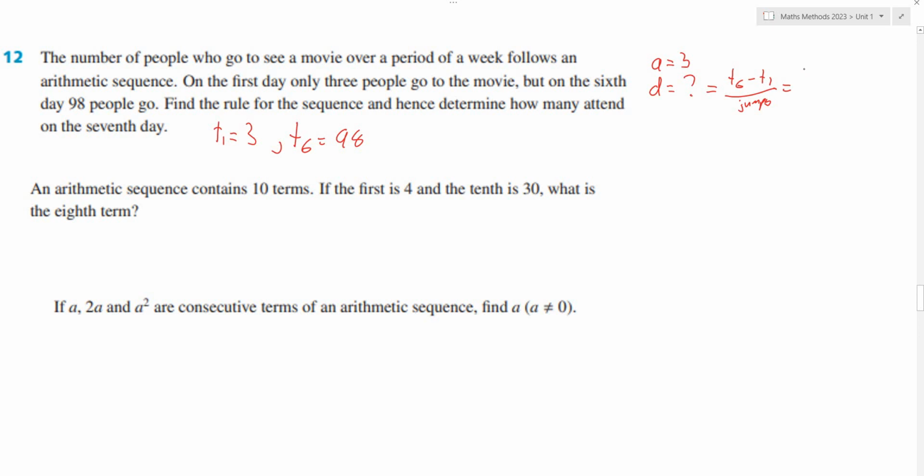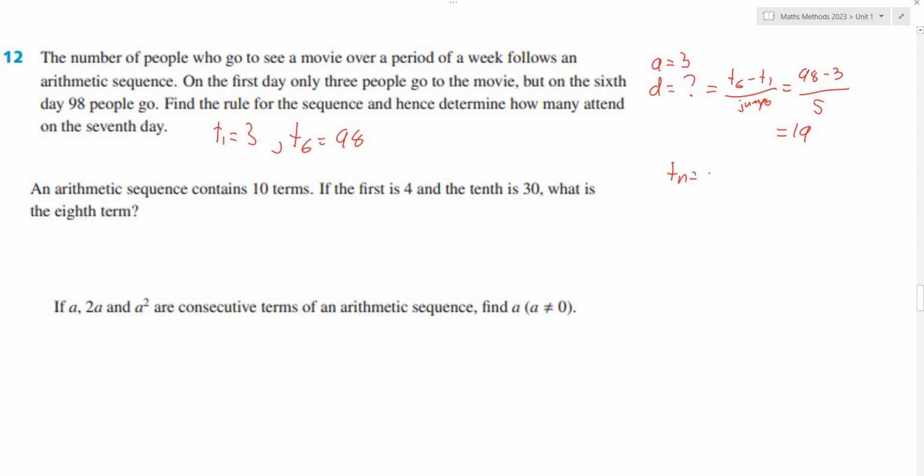T6 minus T1 is 98 minus 3, over, and from T1 to T6, how many jumps have I done? 5. And that'll give us 95 divided by 5, which would be 19. Yeah, 19.